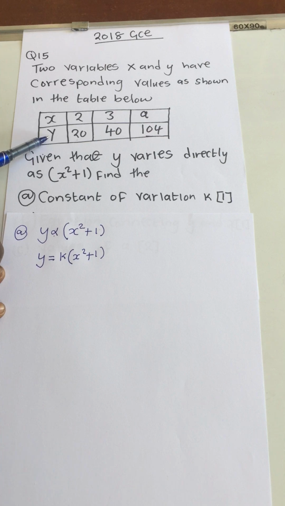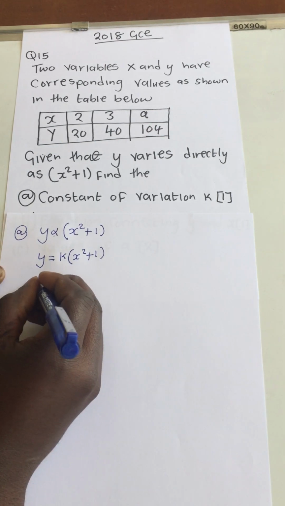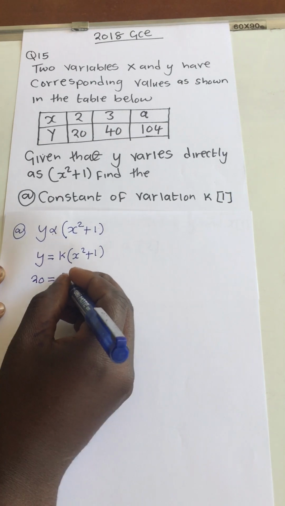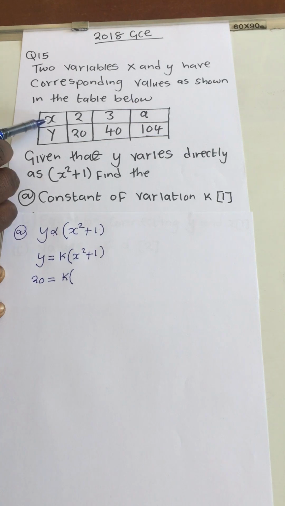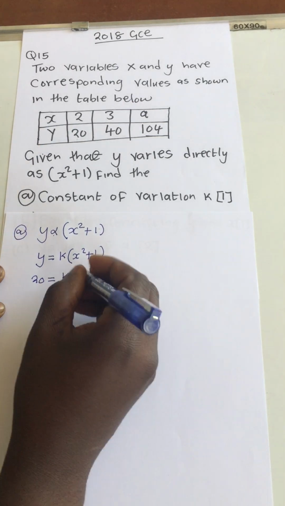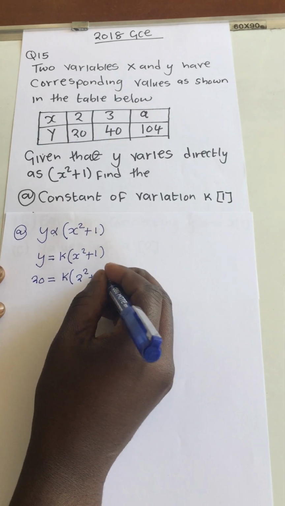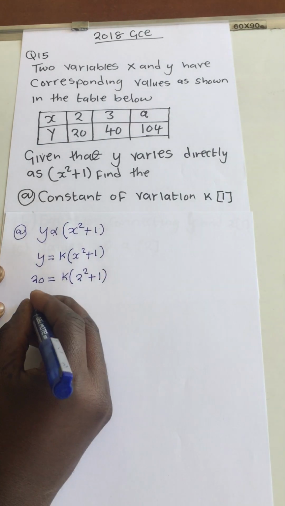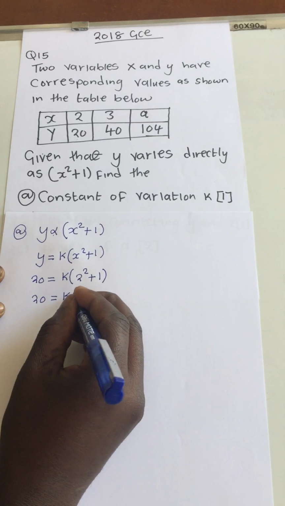So y is 20, and x is 2. You write 20 equals k times (2 squared plus 1).